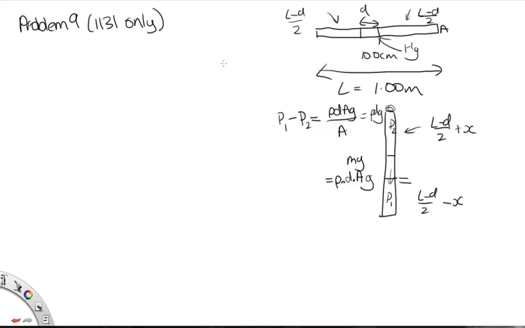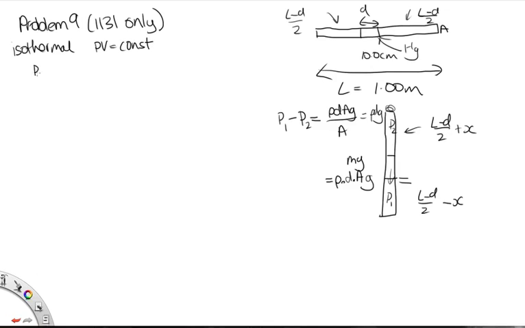Okay, the question asks us to find X, by how much this mercury moves when A, it's isothermal, and B, it's adiabatic. For an isothermal process, we know that PV is constant.